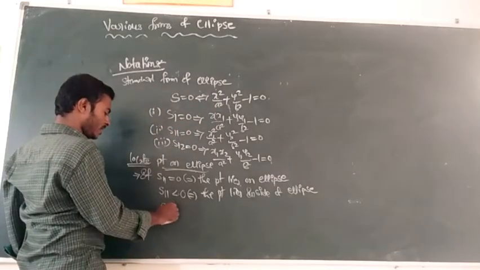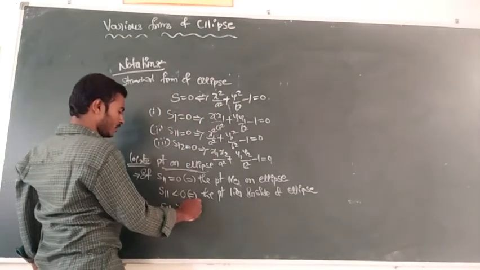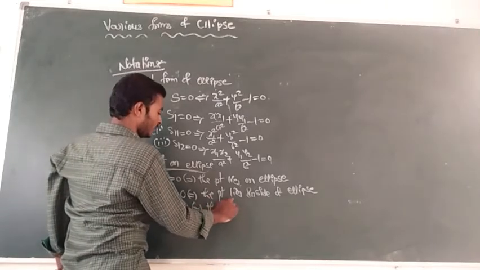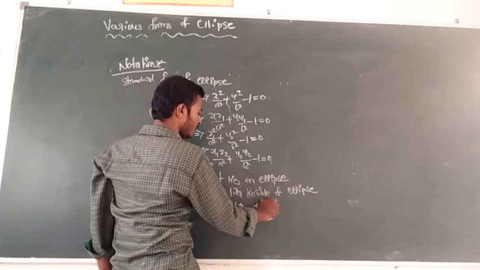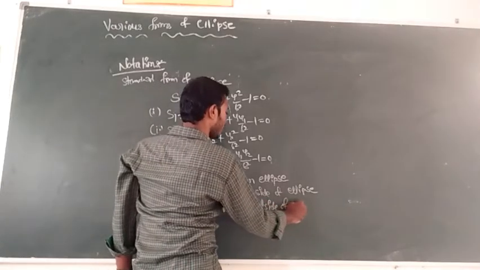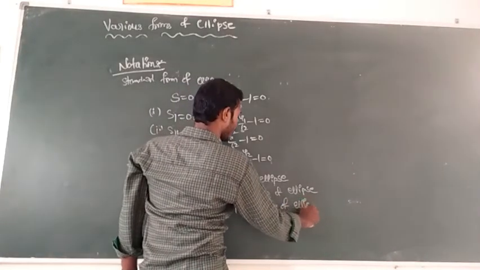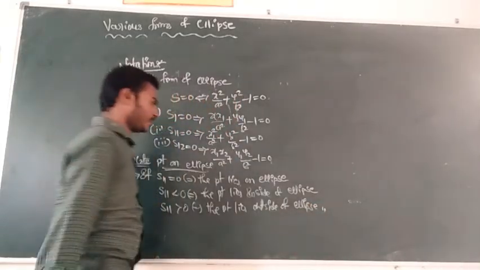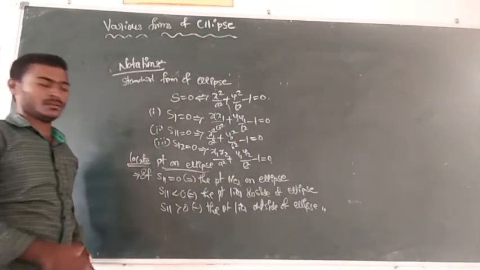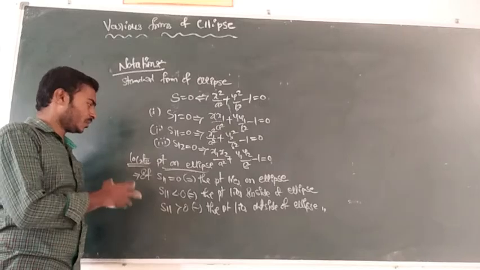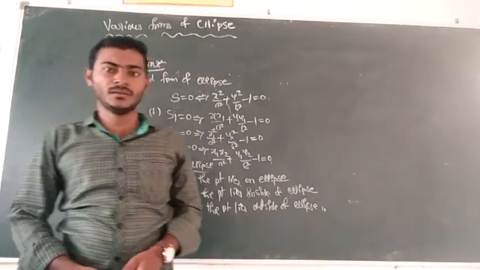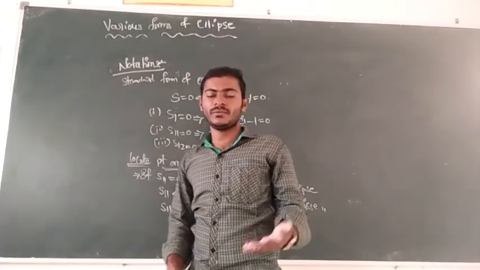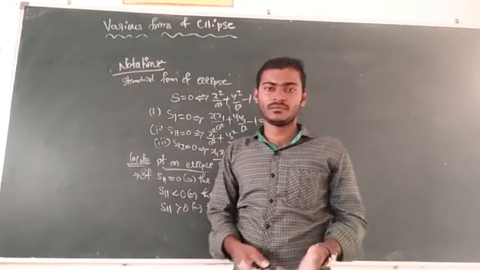Suppose if S11 is greater than 0, then the point lies outside of the ellipse. Point lies outside of ellipse. Okay, so these are the important notations and locating a point on ellipse. Okay, now next we can see the further video.